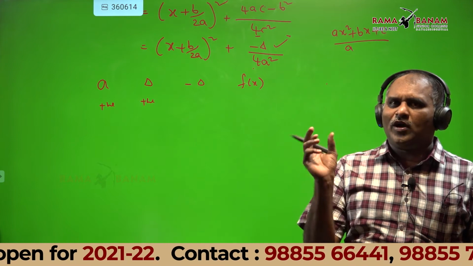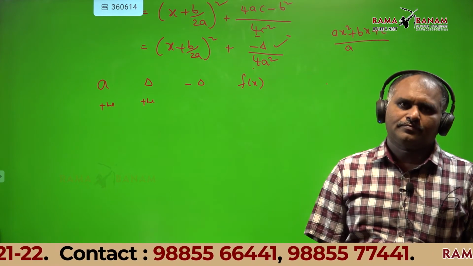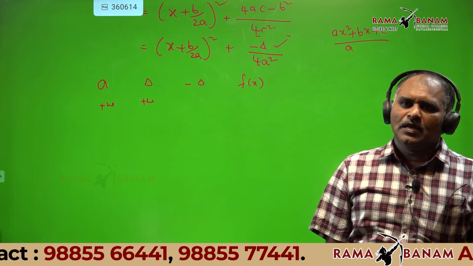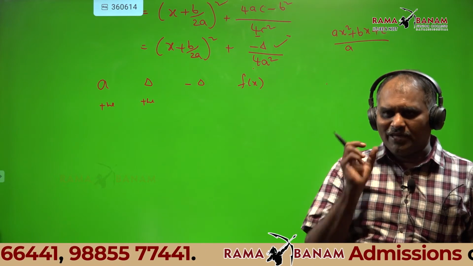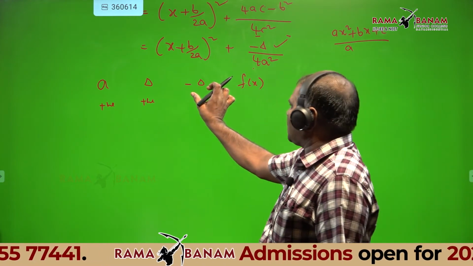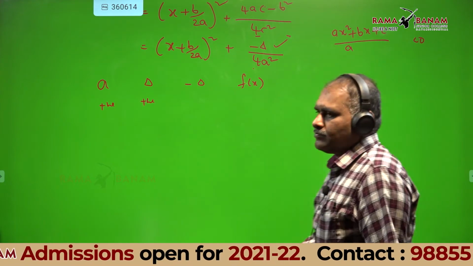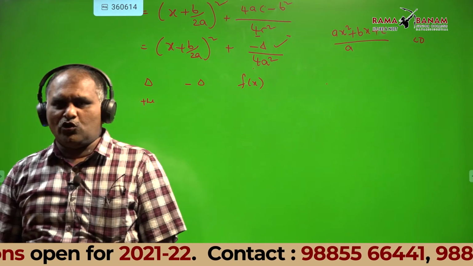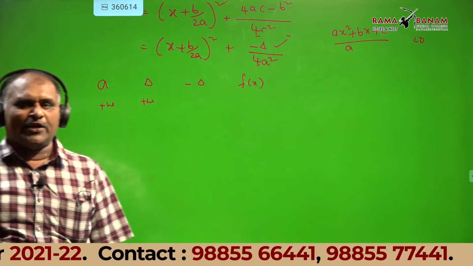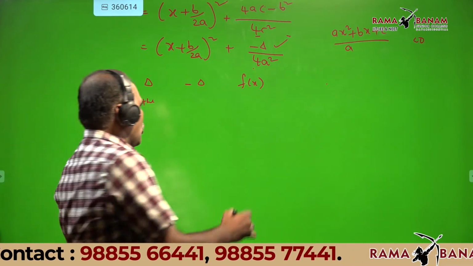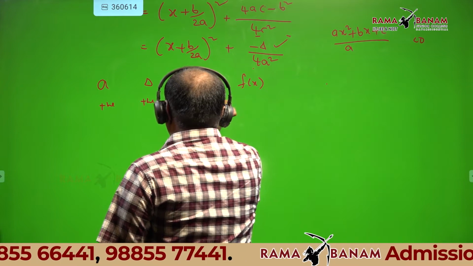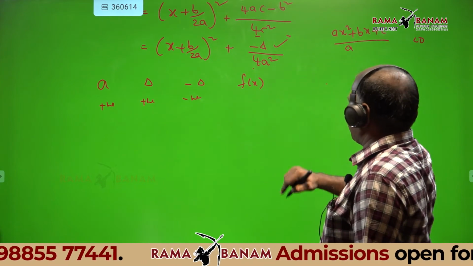Delta positive means what is minus delta? Negative. Minus delta is negative. Therefore, this ratio should be negative. That is, the ratio should be negative.